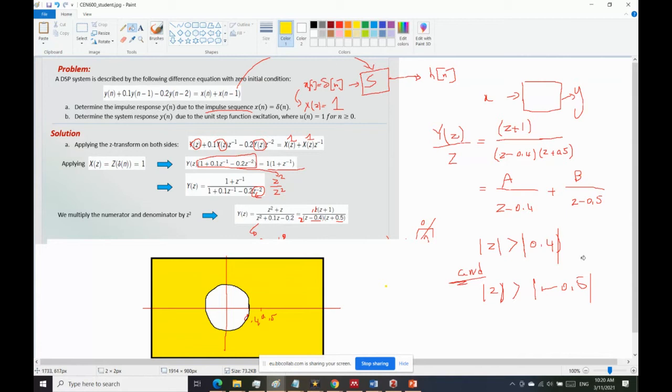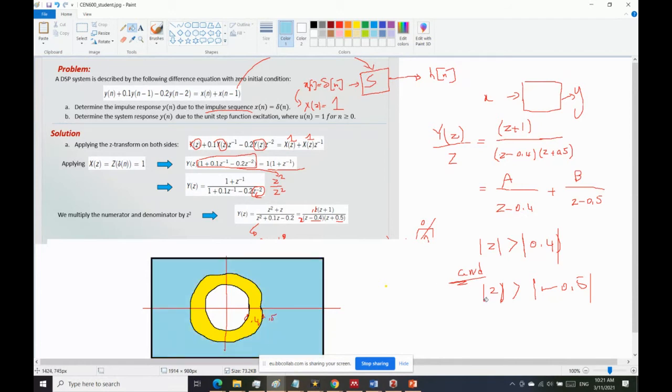At the same time, z must be greater than the absolute value of minus 0.5, meaning greater than 0.5, so outside this circle. So that means it has to be in this region.